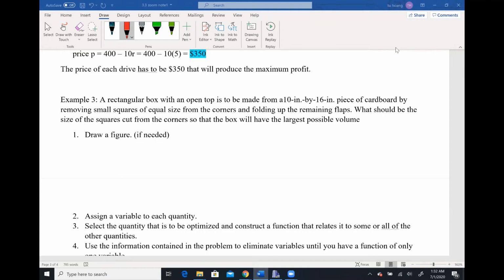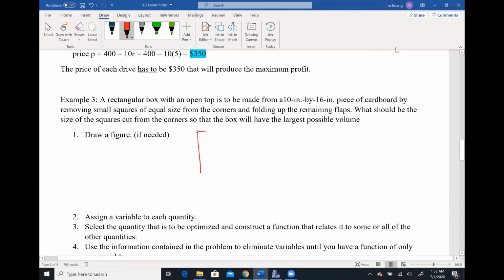So we want to have a piece made from a 10-inch by 16-inch piece of cardboard. So you should have something like this, 10 by 16. So I would say this one is 10 and this one is 16.